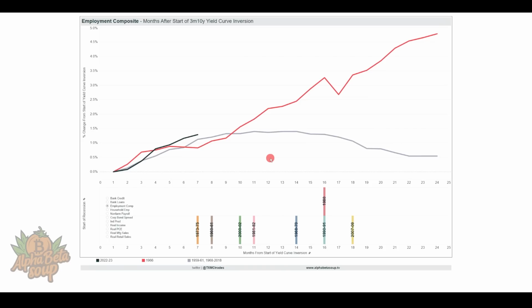And maybe instead, if we see the 3-month 10-year yield curve re-steepen out of inversion, if we see things like employment continue to expand and not bow over like they have in the past in other periods of recession, if it looks a little more like 1966, then maybe we can start to think this time is different.